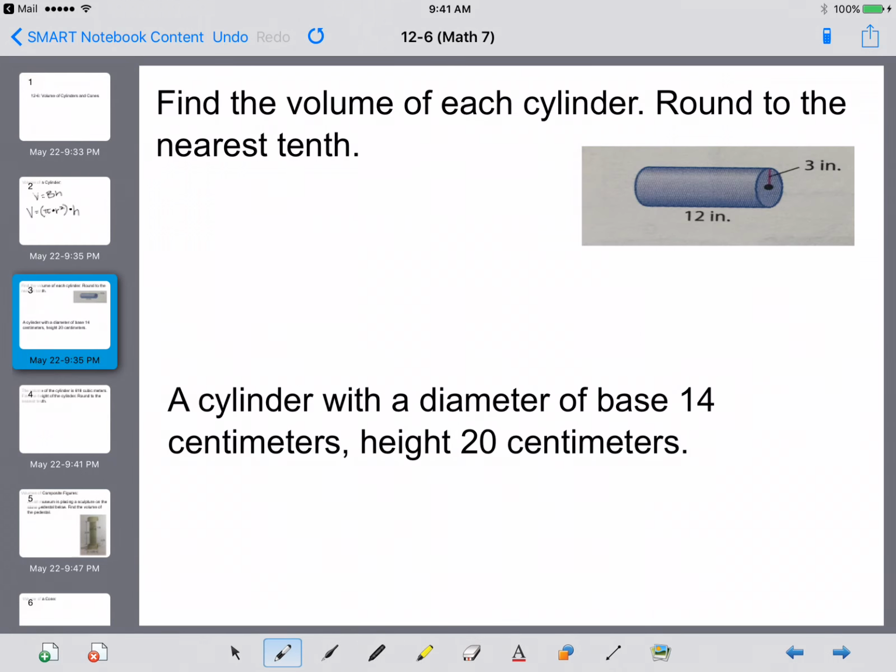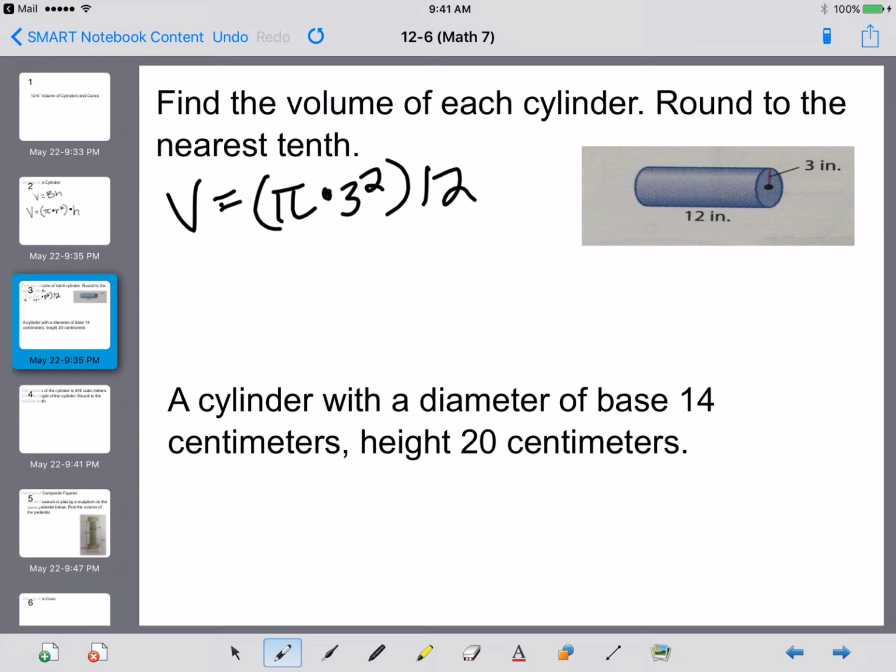In this case, for this shape, it says find the volume of each cylinder, round to the nearest tenth. So we have the base of our circle with a radius of 3. So our volume is pi times 3 squared times our height of 12.